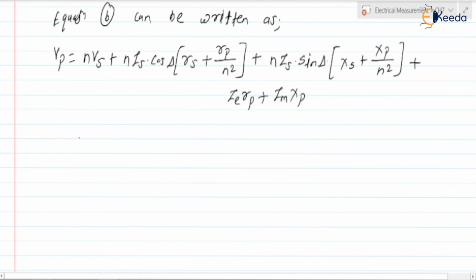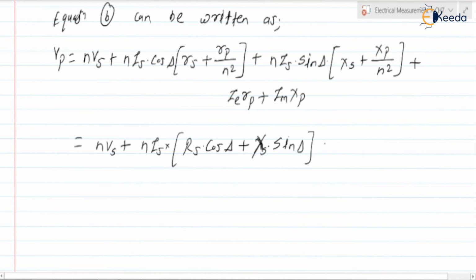Further, writing directly, Vp is equal to n into Vs plus n into Is into (Rs cos delta plus Xs sin delta), plus Ie into Rp plus Im into Xp.